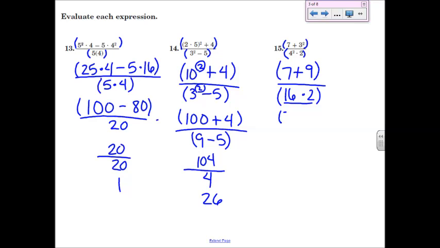So we have 7 plus 9. And 16 times 2 is 32. And then the last thing in parentheses is 7 plus 9. So 7 plus 9 is 16 over 32. And 16 divided by 32 is 0.5.